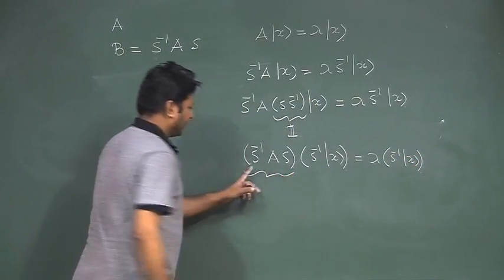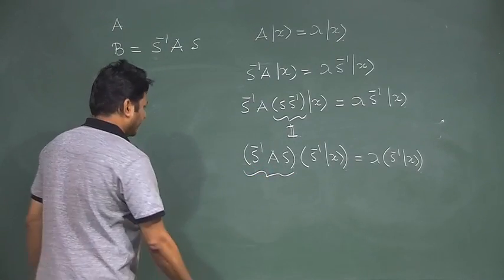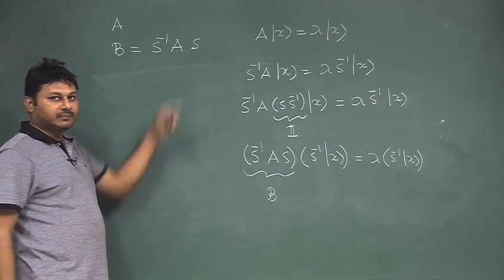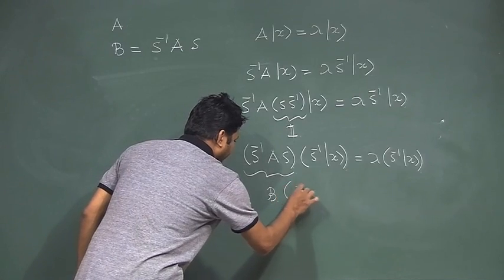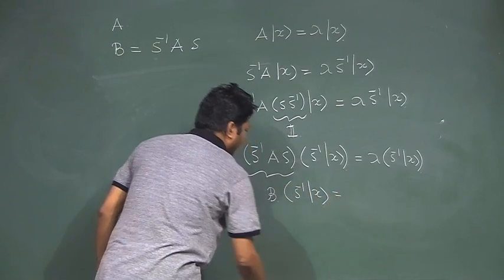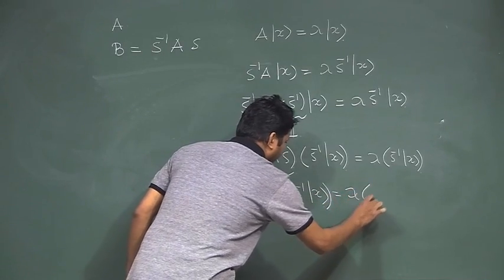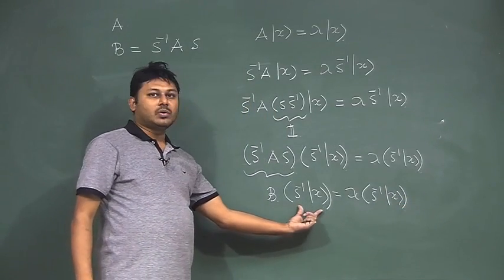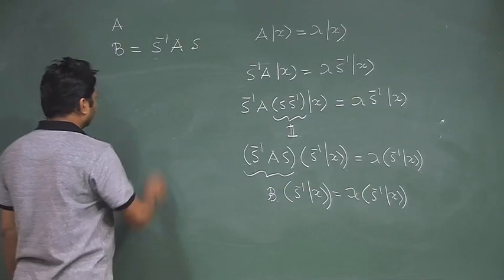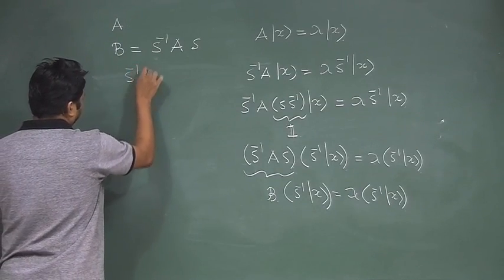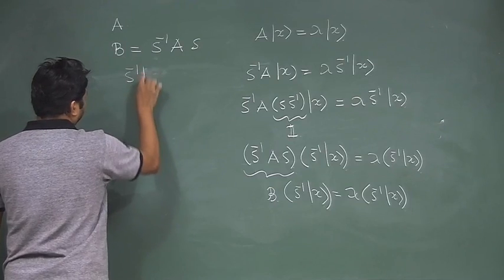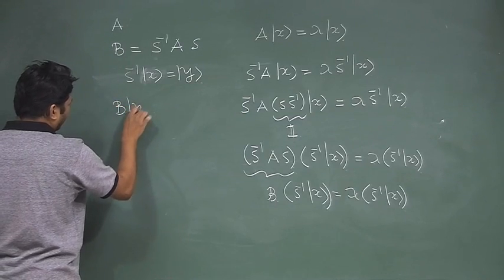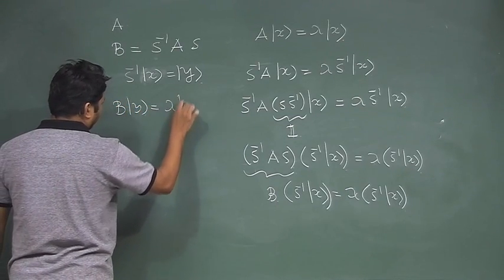This quantity S inverse A S is nothing but B, because B is related to this. So, B S inverse x is equal to lambda S inverse x. S inverse x is also another vector. So, if I say S inverse x is y, then B y is lambda y.